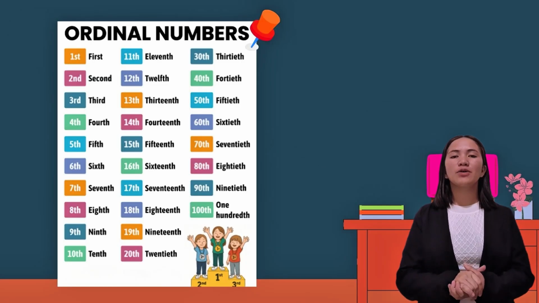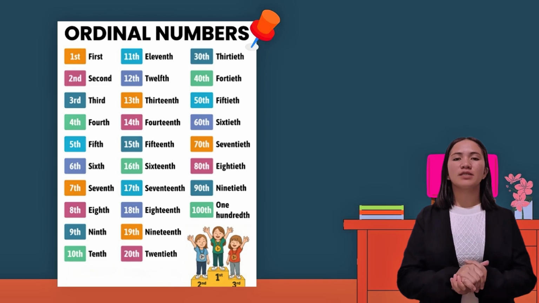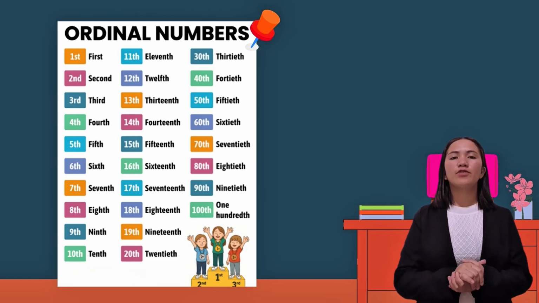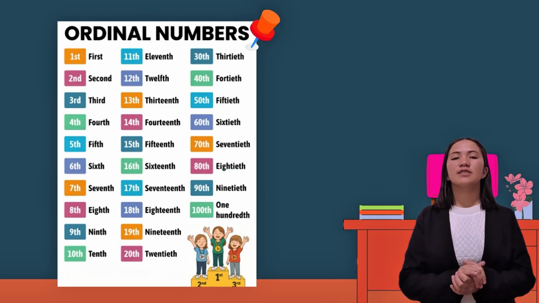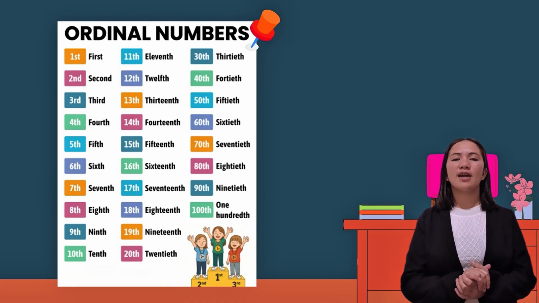Now I will show you the different ordinal numbers. As you observe, from 1st to 10th, we can see the basic ones: the 1st, 2nd, 3rd, 4th, 5th, 6th, 7th, 8th, 9th, and 10th.